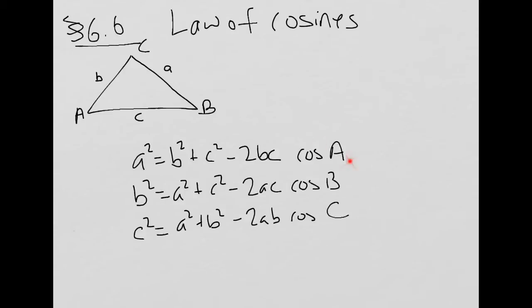So in each one, this angle here was the angle opposite this side here, and the two pieces left over were what were multiplied there, there, and there.